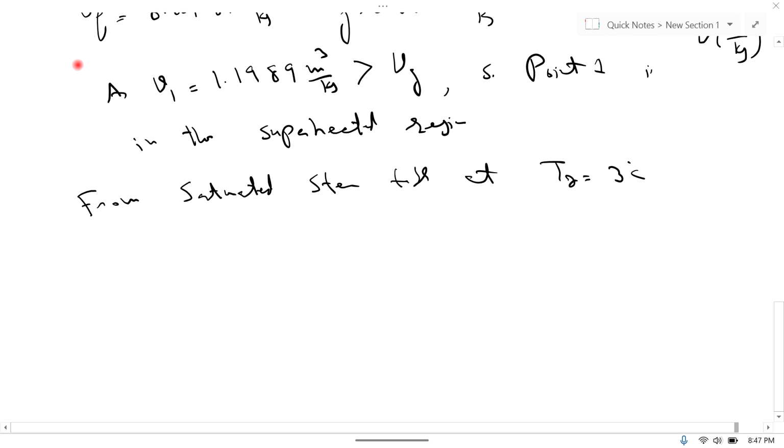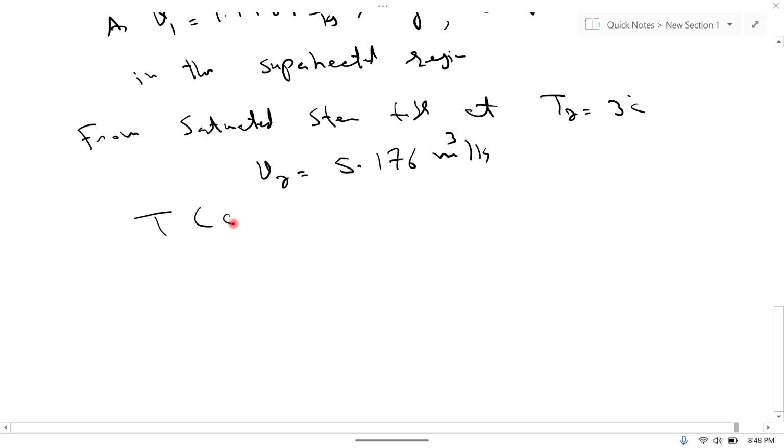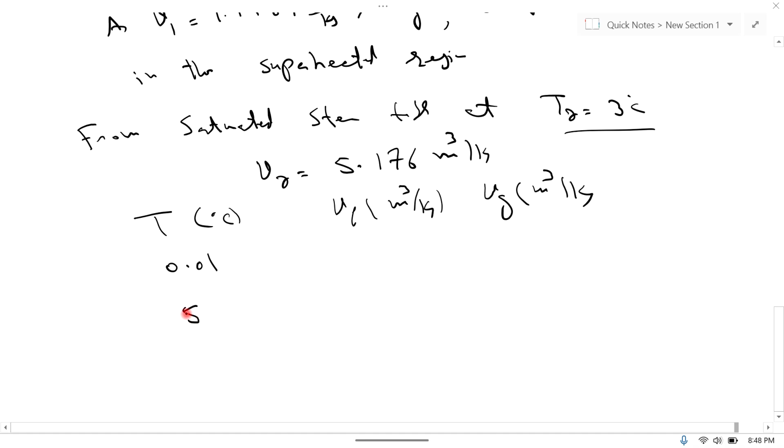We know that V2 given to us is 5.1769 meter cube per kg, and the steam table has temperature in degrees centigrade, Vf in meter cube per kg and Vg in meter cube per kg. So 3 degrees centigrade is not available, but in the table 0.01 and 5 are available.